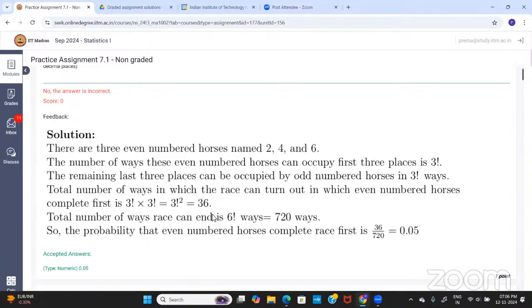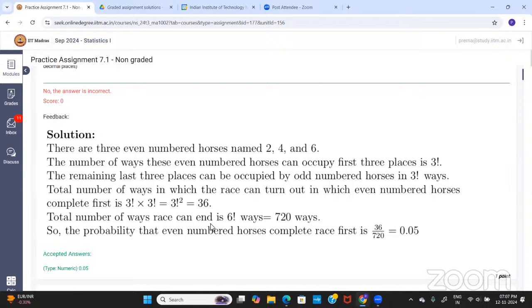May I answer? Yeah, sure. So, Arohi, see, let's suppose one case where horse number two came first, horse number four came second, horse number six came third, and now the remaining horses will also finish the race, so let's say one, three, and five.